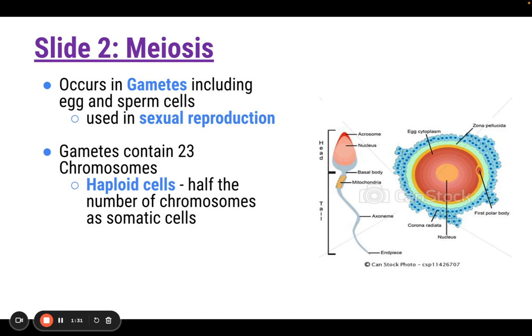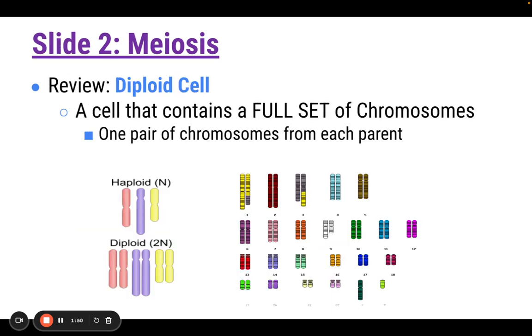During meiosis, we call these cells with half the number of chromosomes haploid cells because they have half the number of chromosomes as our body or somatic cells. We use the designation N for chromosome number, meaning there's just one set, where your diploid cells have 2N, or are just cells with a full set of chromosomes.